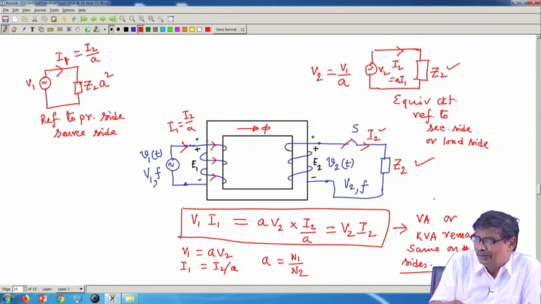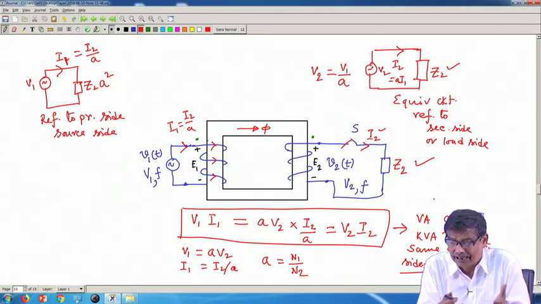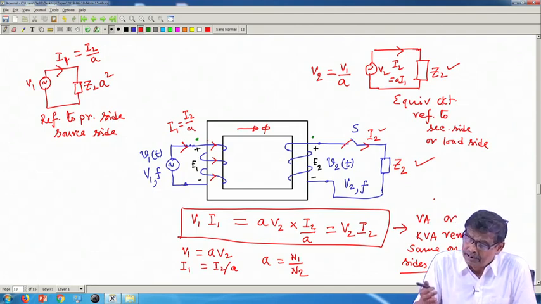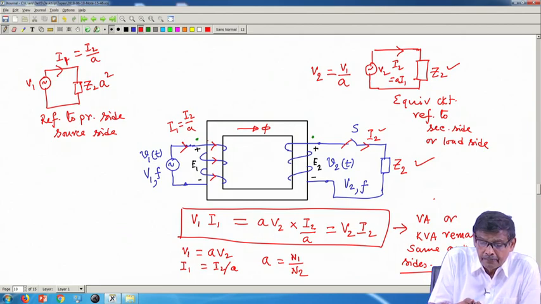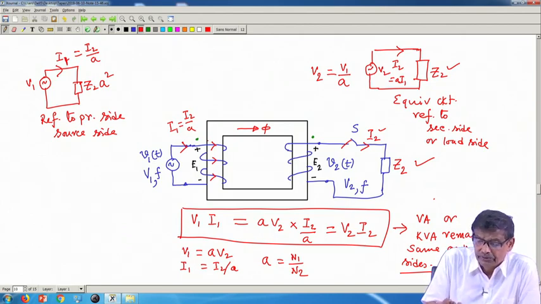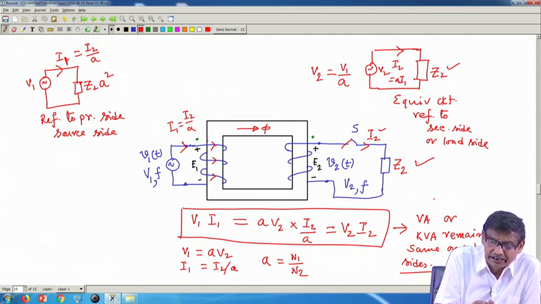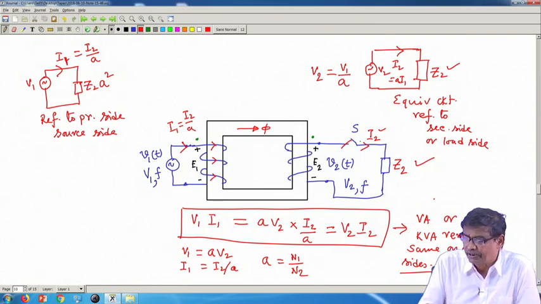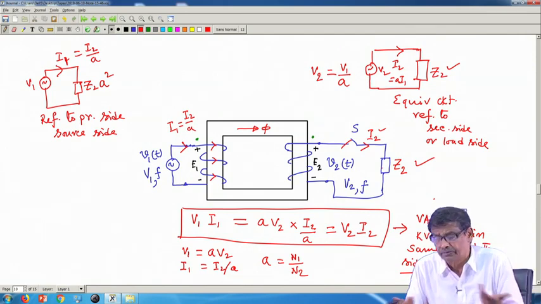Apparently there are so many things you have to draw in the actual circuit, and it is true you have to find currents and voltages in all parts of the circuit, but after knowing these relations exist, you can either choose this equivalent circuit from which you can get I1, and if you wish you can always find I2, then go back to the actual circuit and say this is I1, this is I2 and so on.